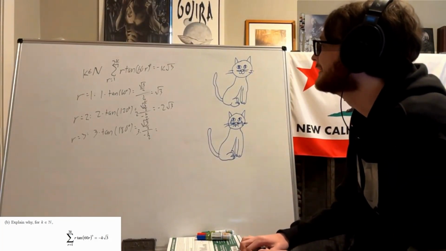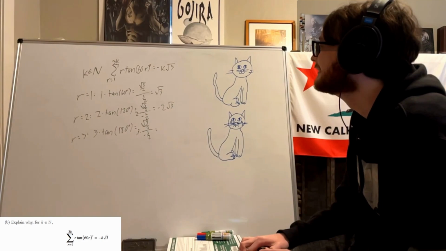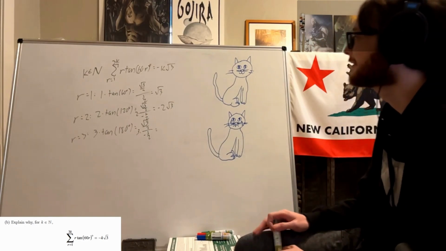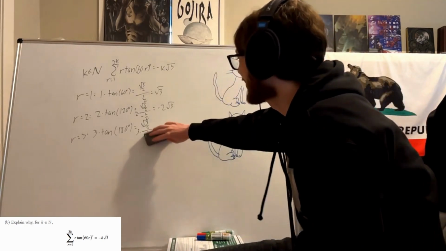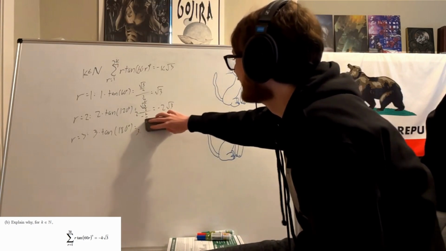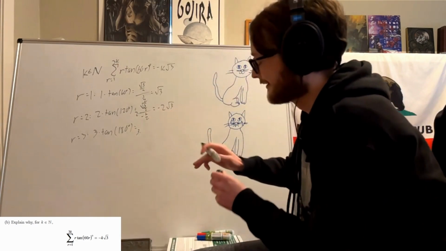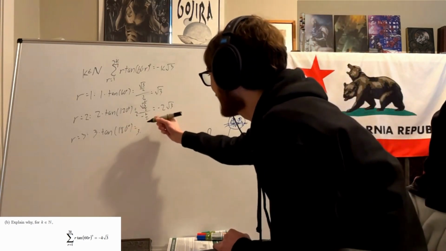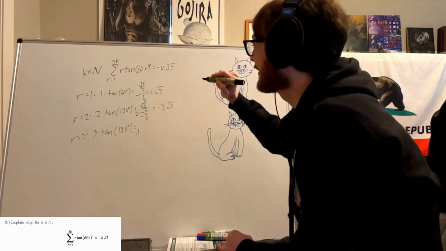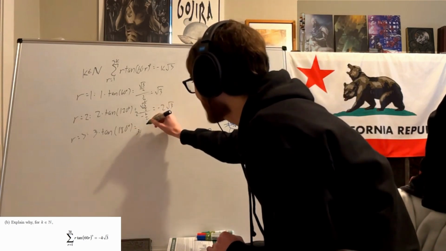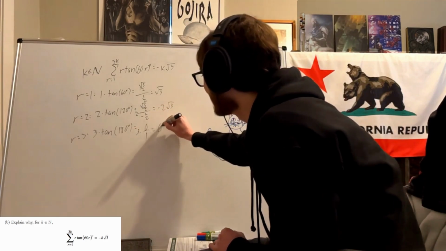Wait. Tangent of 180 is undefined. I messed up this pattern. It's not going to be exactly the same, because 180 is the same thing as pi. So it's really going to be... wait, no, y over x. Never mind. I'm bad at math. I know. Sue me.